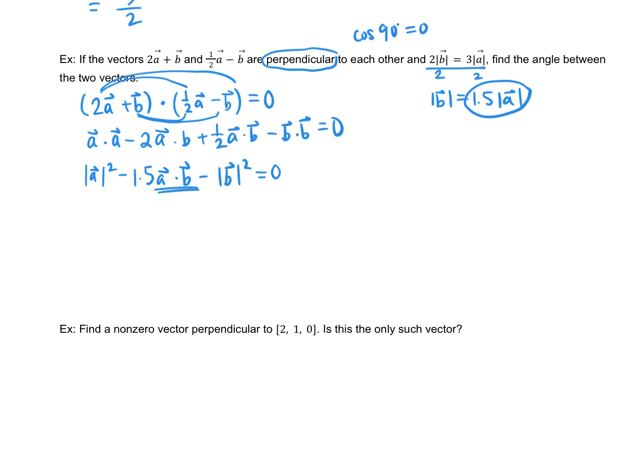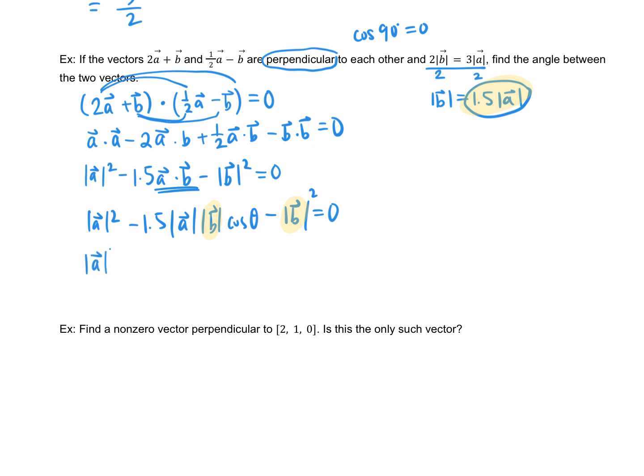So swapping the dot product with its definition would be great. So the magnitude of A times the magnitude of B times cos theta. Now I have an angle that I can solve for. And with what I have from here, I can replace the magnitude of vector B in both places with that expression.